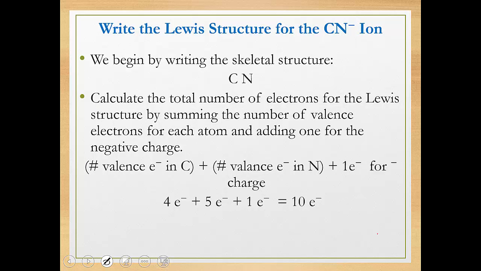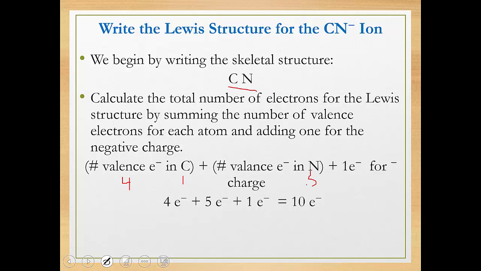So, for example, if we have the cyanide polyatomic ion, we start by writing the skeletal structure. We have only 2 elements, so we just write carbon and nitrogen. We calculate the total number of valence electrons. Carbon has 4 valence electrons, and we have 1 of those.